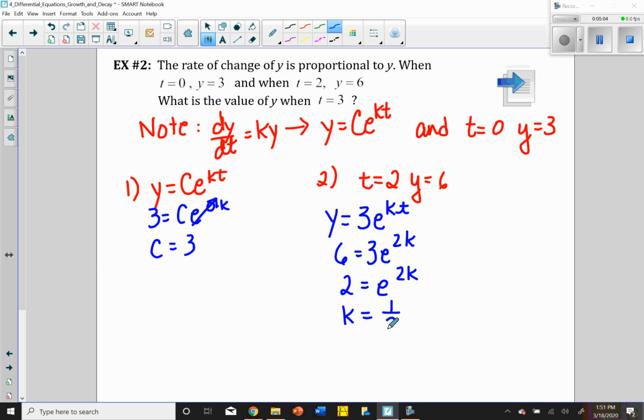k is 1/2 natural log of 2. Now I took the natural log of both sides and just left that step off. If you use your calculator, that should give you a decimal value, .3466, and so forth. Okay, next we want to write a model for the particular solution.